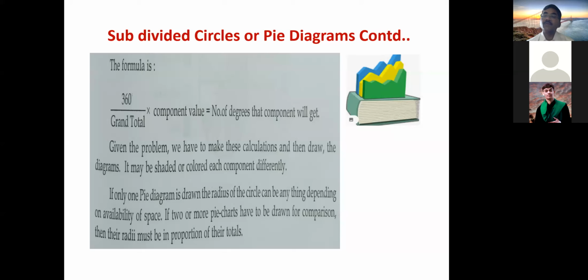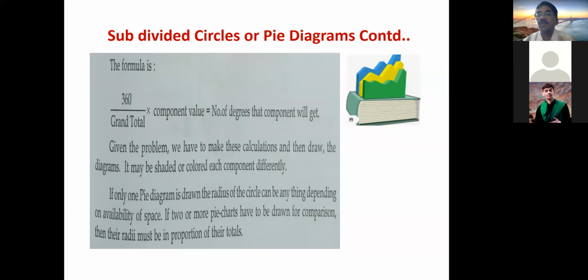Component in the sense you can call it a variable. As I told you, the total pie chart is equivalent to 360 degrees. Now you have to take the 360, because whatever number of variables you incorporate, you want to show in a pie chart, all will be adjusted in 360 degrees only.